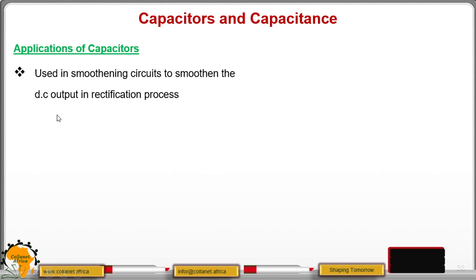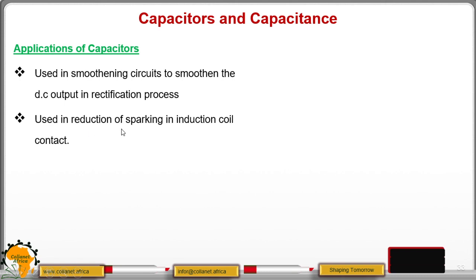It is moving from one terminal to the other. So if we are converting AC to DC, you'll find that there are some curves that will be left. So a capacitor is used to smoothen that curve. And that process, we call it rectification. Rectification is the process of converting AC into DC. So the capacitor is used to smoothen.